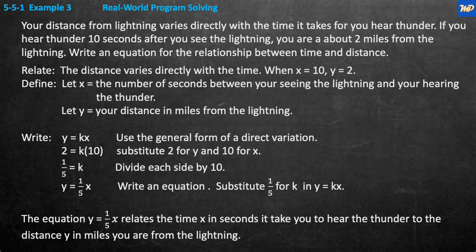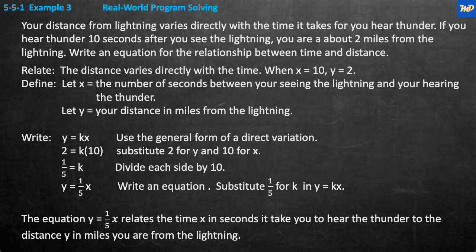So now we're going to write an equation here. We're going to start with the general form of a direct variation, y equals kx. Then we're going to do some substituting. So y is the distance in miles. That's what you're trying to determine.